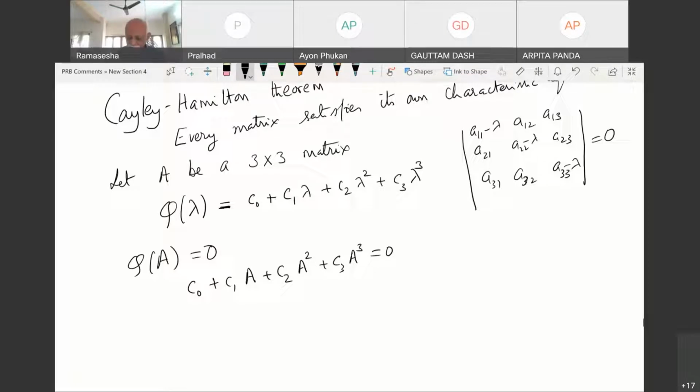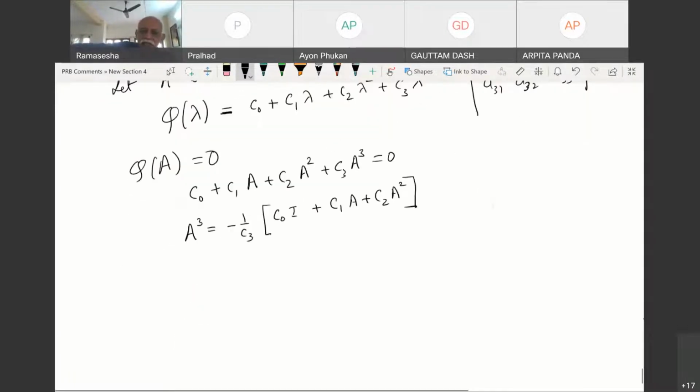Or I can write A cubed as equal to minus 1 by C3 times C0 plus C1A plus C2A squared. So A cubed can be written in terms of these. A to the power 4 can be written similarly in terms of I, A and A squared.